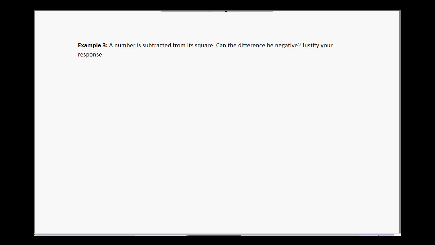Example 3. A number is subtracted from its square. Can the difference be negative? Justify your response. So first of all, we need to let, say, x be the number. So the square of the number looks like this. And since a number is subtracted from its square, we say x squared minus x.